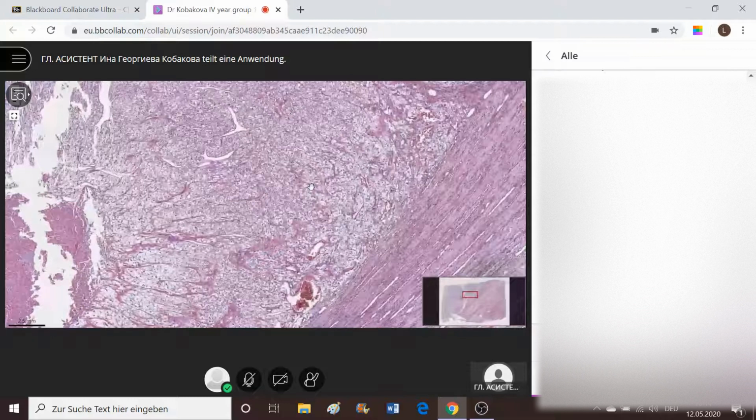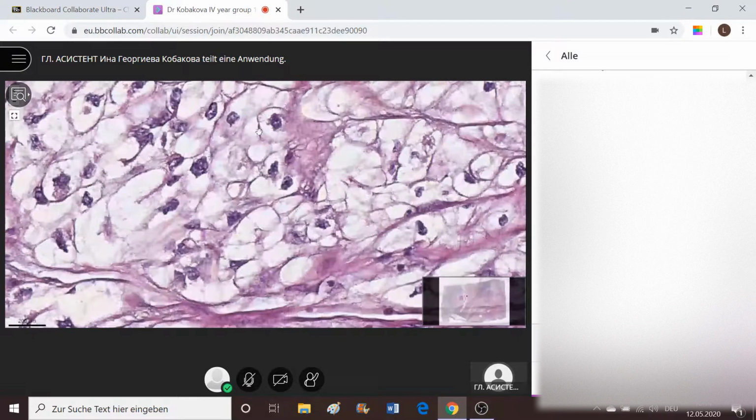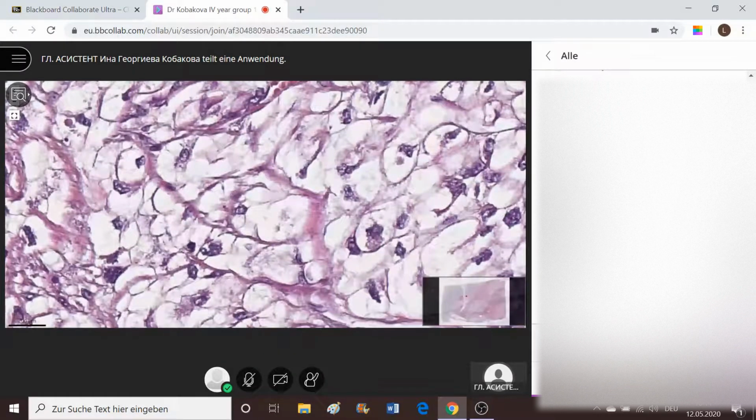Centrally positioned, we observe a nucleus, and very often we might observe centrally to this nucleus also very pinkish, well-demarcated nucleoli.